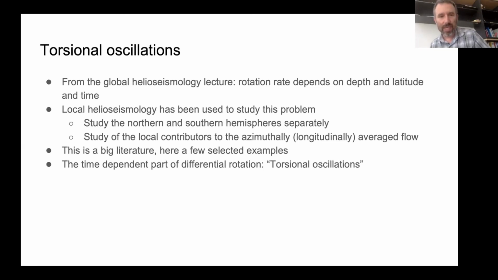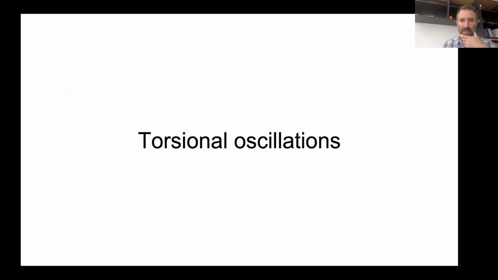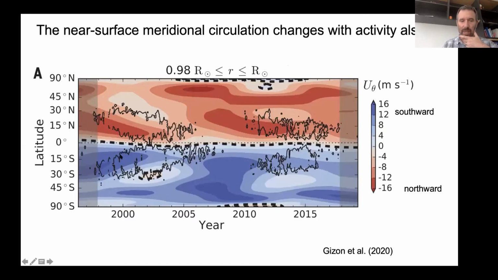And it has some advantages in that you can study the northern and the southern hemispheres separately. And also you can study what are the actual local contributions to these azimuthally averaged flows. So to make a figure like this, like we saw here, we're averaging over longitude in the sun.